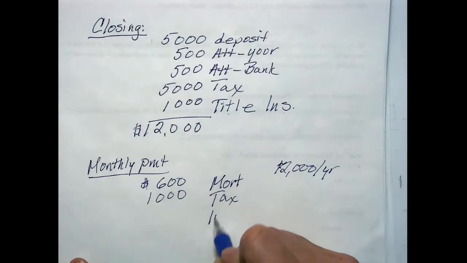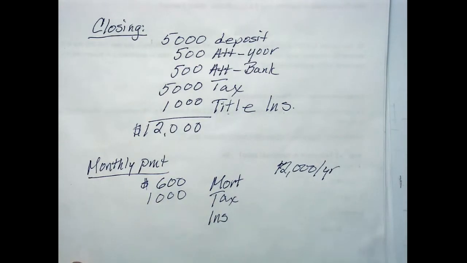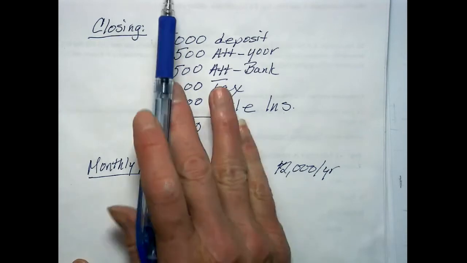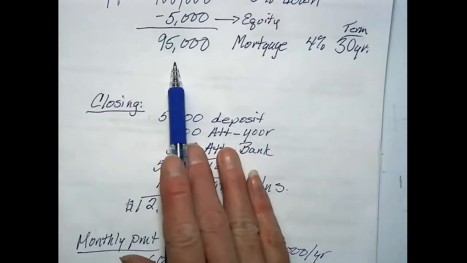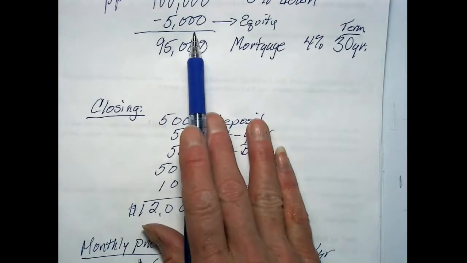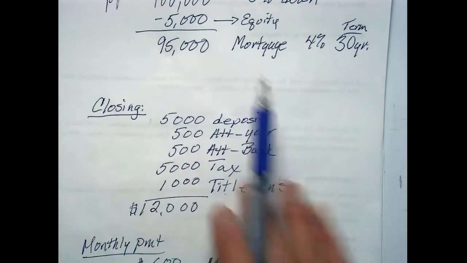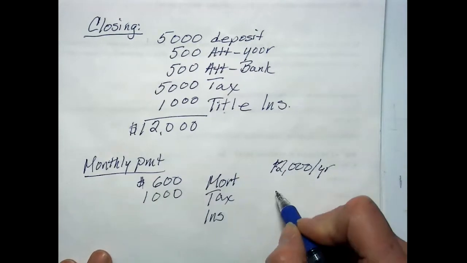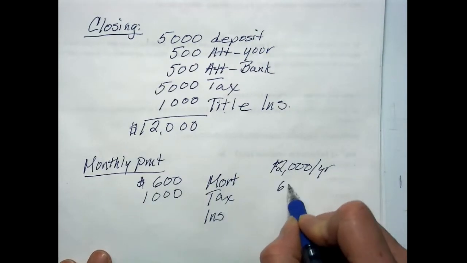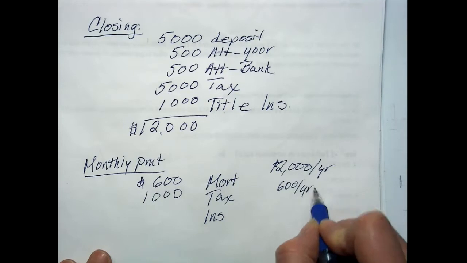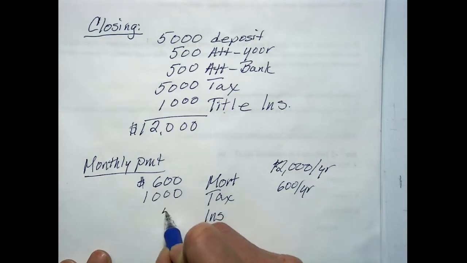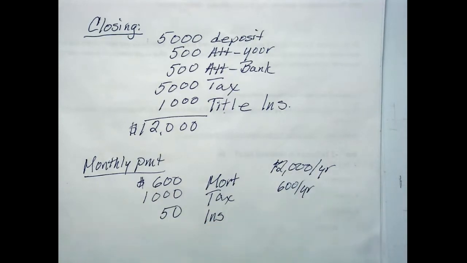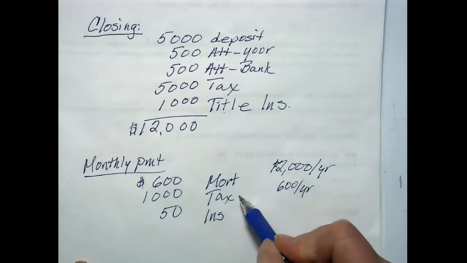They also don't trust you to pay your insurance, because the day after you buy it, if your house burns down, the bank owns $95,000 of the house, and you only owe $5,000. So they want to be sure they can get their money back. So they make you, let's say your insurance is $600 a year, so you have to pay $50 every month to the bank, and they will pay your taxes.